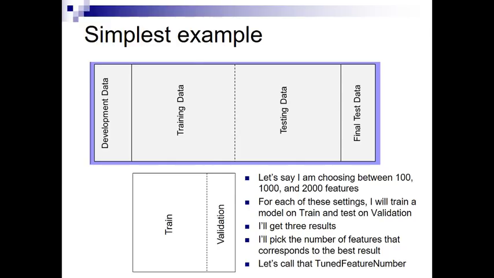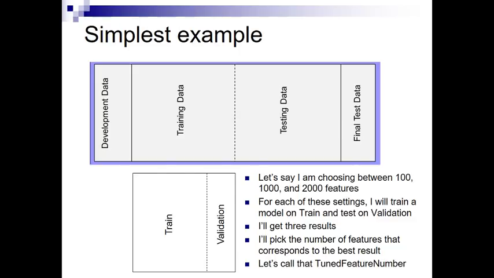On the training data, we're going to divide it into 2 sets, a train set and a validation set. Then if we're trying to choose between 3 different values for how many features should we select, let's say 100, 1,000, and 2,000, we can, on the train data, build a model for each one of those values. And so, let's say we were doing it for 100, over the train set, we would extract the top 100 features.